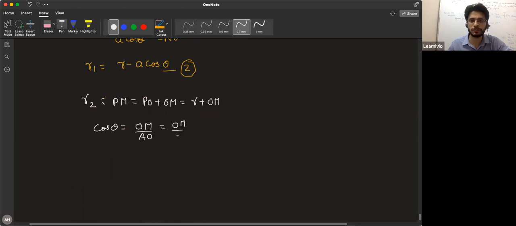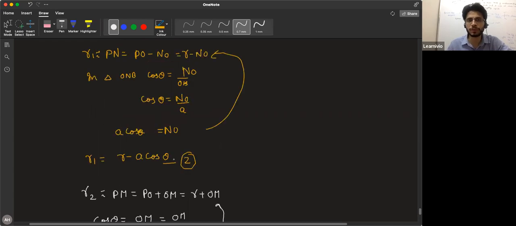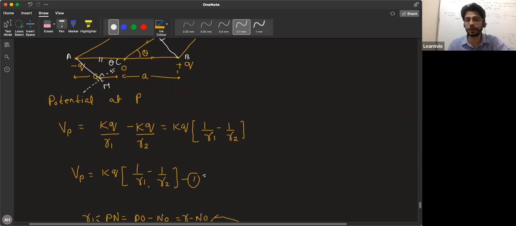AO is A. So you can say OM is A cos theta. So when I put these values here, your R2 will become R plus A cos theta. So that's equation 3. Next we can substitute 2 and 3 in equation 1. Now we have values of R1 and R2.